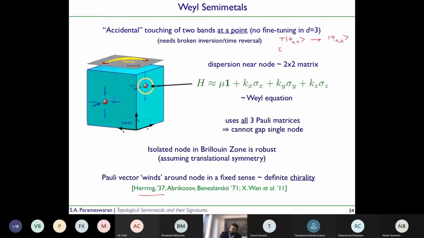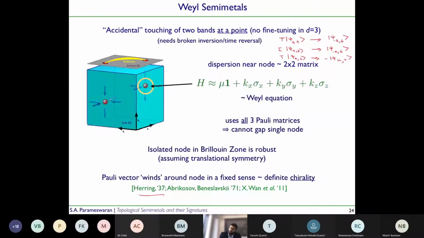And what inversion does is take psi k down to psi minus k down. So time reversal flips the spin, inversion does nothing to the spin. Also, time reversal, of course, takes psi k down to minus psi k up. So we have this classic action of time reversal with the minus sign. So T squared is -1.